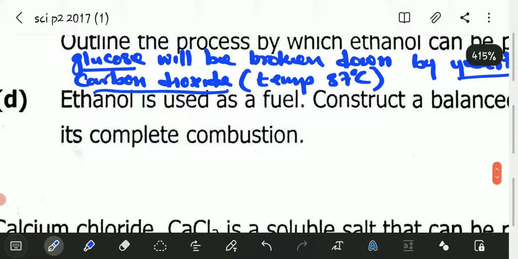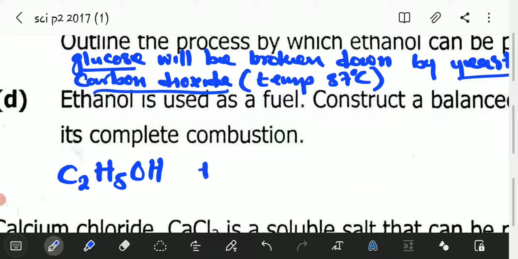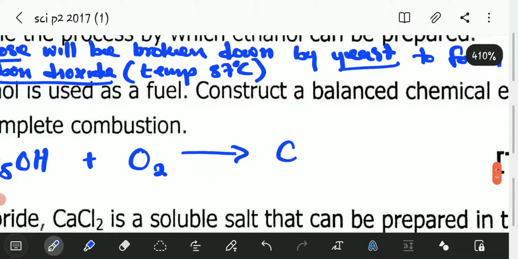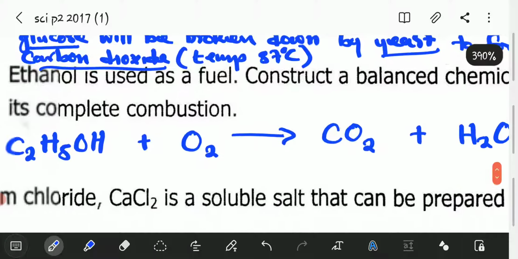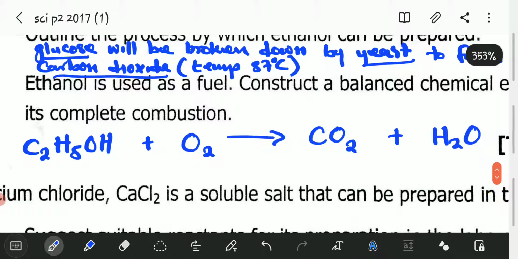So ethanol has got 2 carbon atoms, so it's C2H5OH plus O2, giving us CO2 plus H2O. So this is the equation for the complete combustion of ethanol. However, we need to balance it.